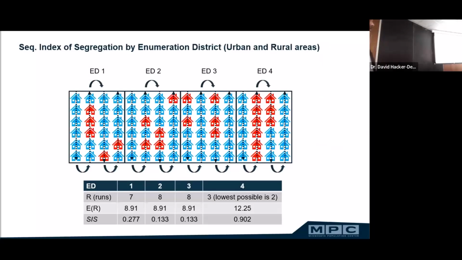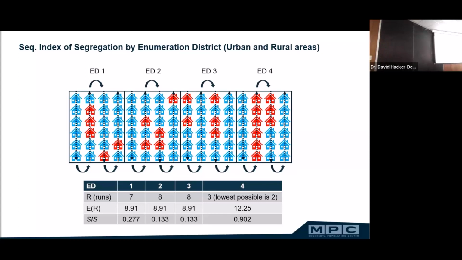So let me just walk you through what a run is. Let's say we have an enumeration district with 24 houses, and the enumerator starts here and he's walking and he enumerates, let's call white, blue houses and Black, red houses. He hits all these blue houses in a row, turns the corner, and then the head of household race changes. That's the second run.